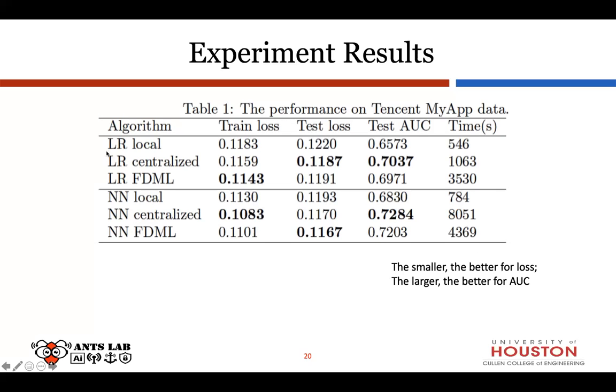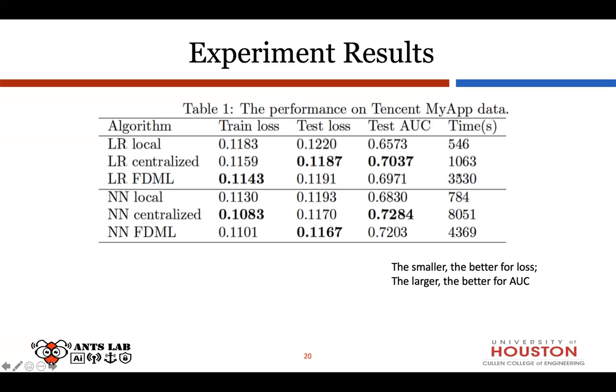So for both the logistic regression and the neural network model, the local scheme is the fastest one, since it uses the smallest amount of features and has no communication or synchronization overhead. And for the logistic regression model, the FDML scheme is slower than the centralized scheme, since the computation load is relatively smaller in this model, and thus the communication overhead dominates.